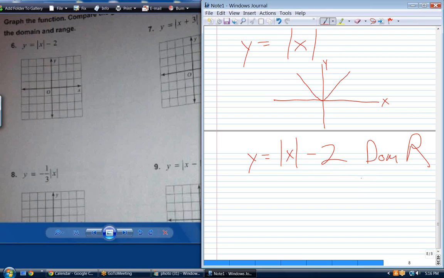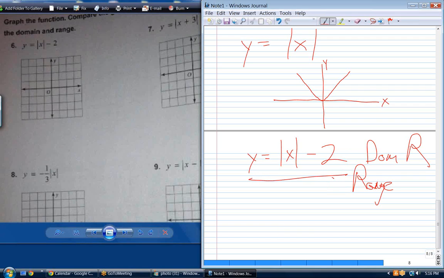What's the range? You gave it. For which one? For the problem number 6. What's the range for this? Well, let's graph it, and then you'll know. Okay. How do I graph that? What kind of translation?